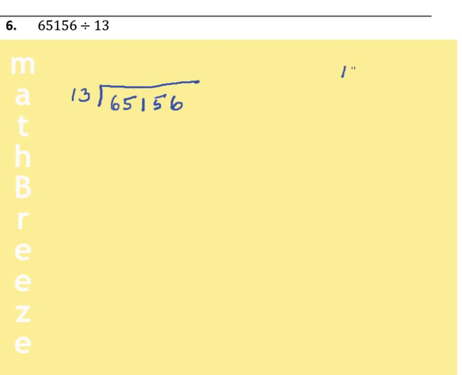Well, let's try 5. And here we have 15. 5 times 1 is 5 and 1 is 6. Okay, so 5 times. Multiply, we get 65. And that's remainder 0. Let's bring down the 1.